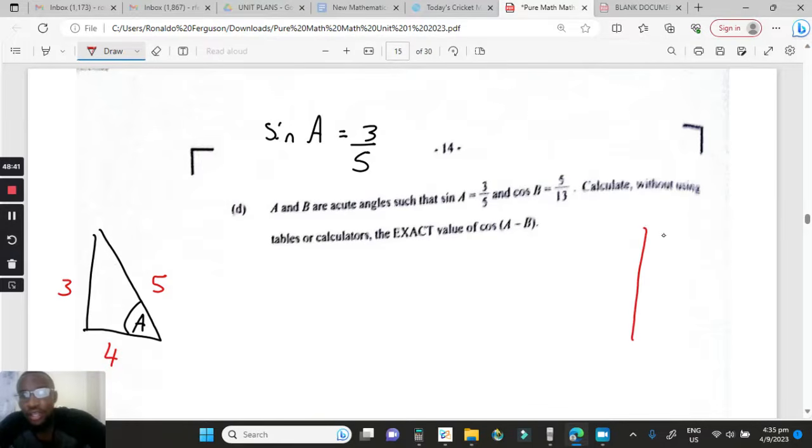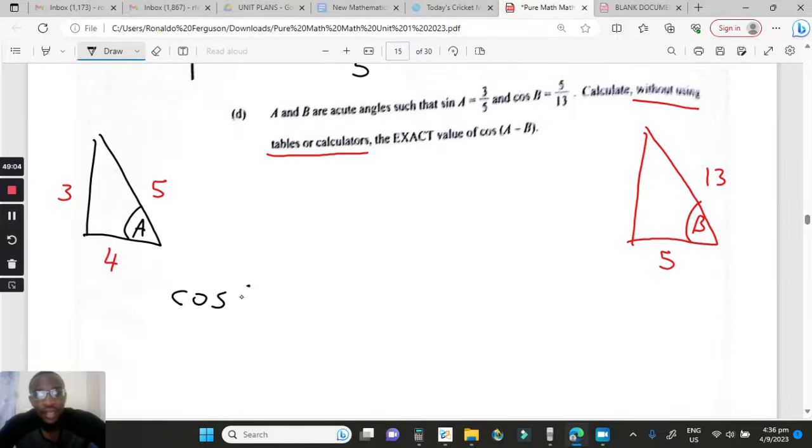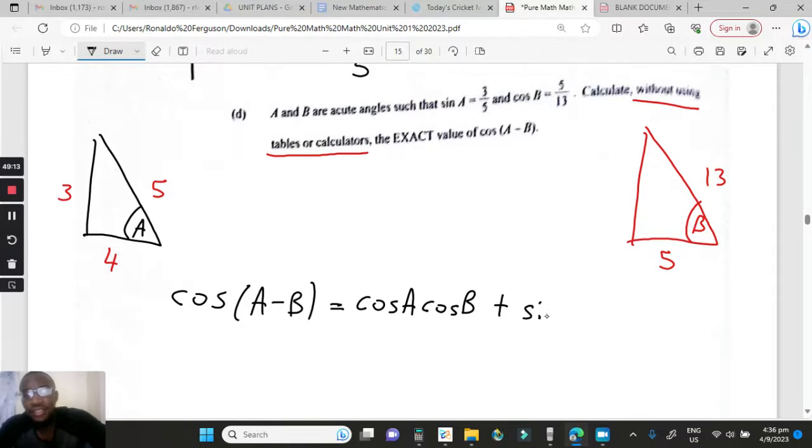Then we have another triangle, cos beta. And they tell us that the adjacent is 5. The hypotenuse is 13. And now we need to work out, without using tables or calculators, cosine A minus B. Now, in this case now, cosine A minus B is equal to cos A cos B plus sine A sine B. So cos A, look at the diagram with A, 4 over 5.